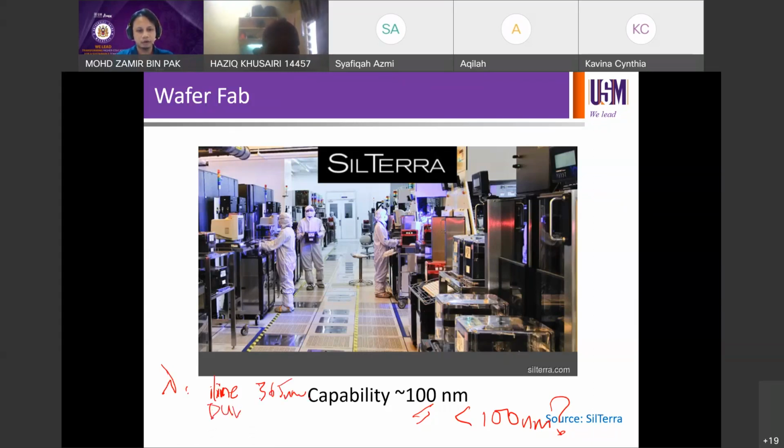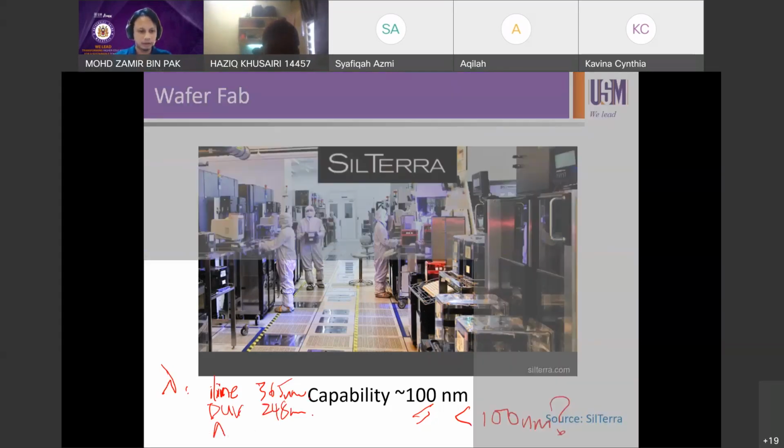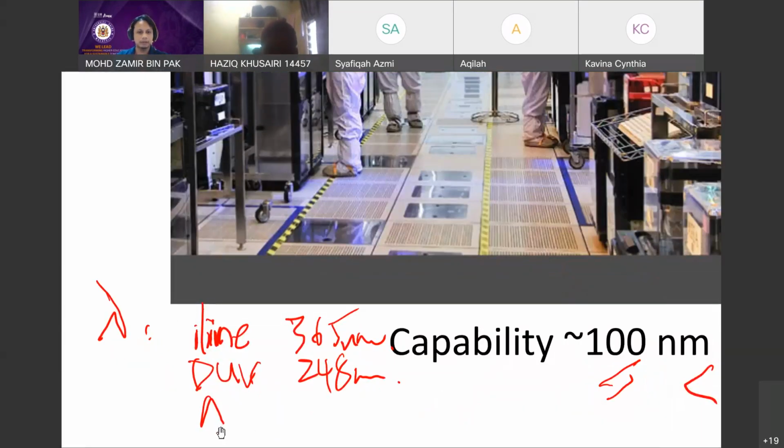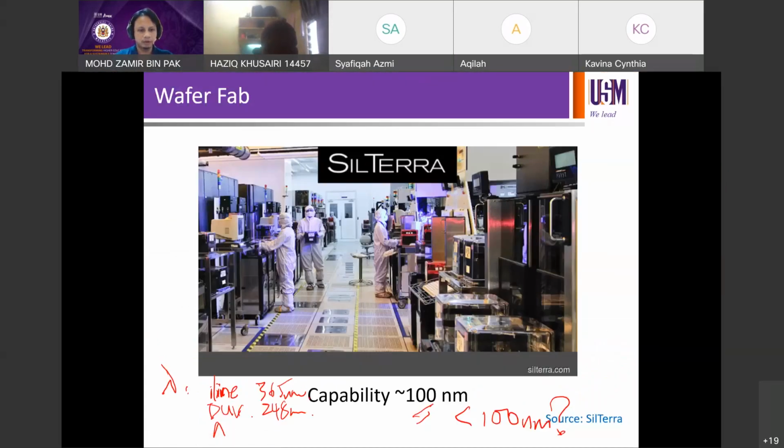Then Silterra has DUV, 248 nanometer. The third one, let me just write down here, ArF, argon fluoride, this is 193 nanometer. So this is the lowest that Silterra has for illumination.